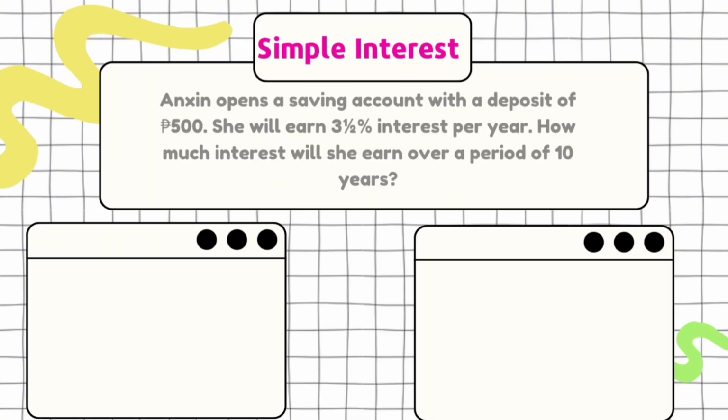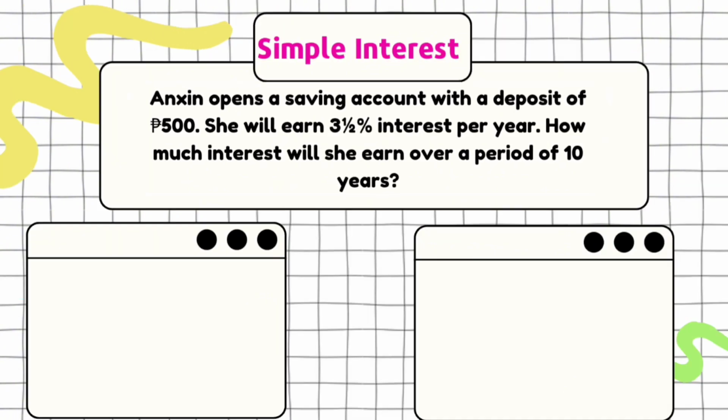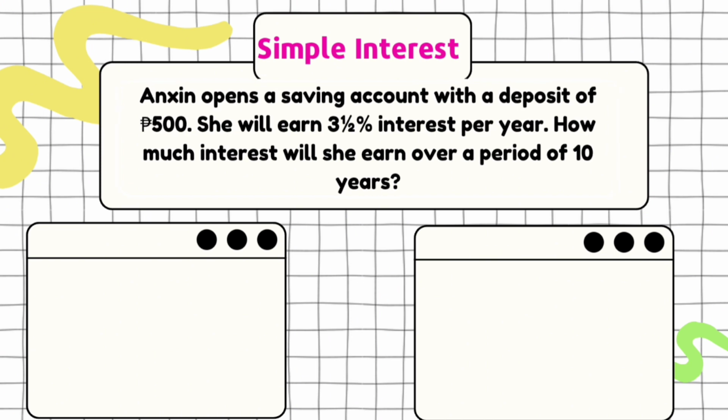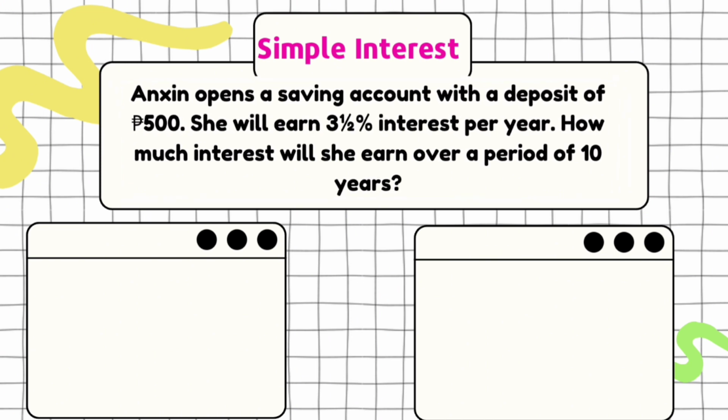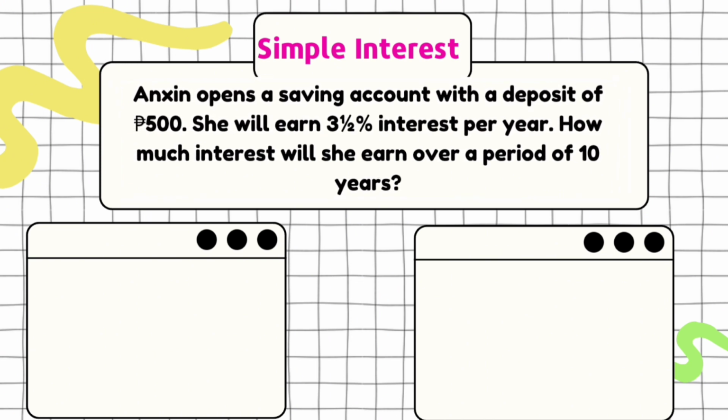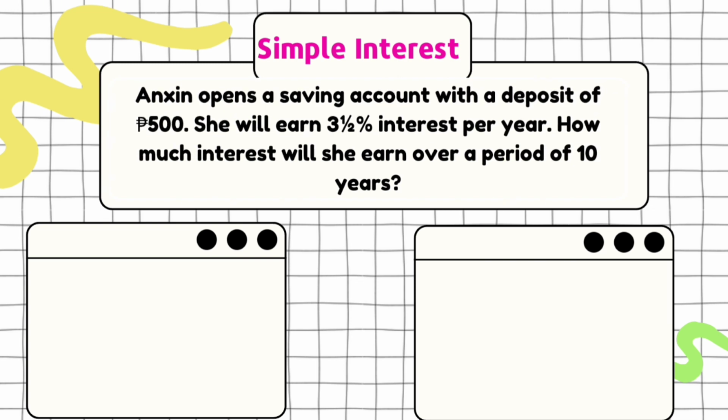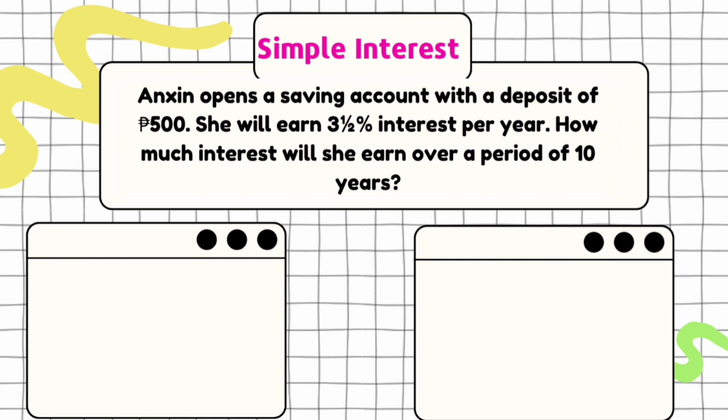So for example, Anshin opens a savings account with a deposit of 500 pesos. She will earn 3.5% interest per year. How much interest will she earn over a period of 10 years? So our given is P is equals to 500 pesos since it is deposit. R is 3.5% or in decimal 0.035.